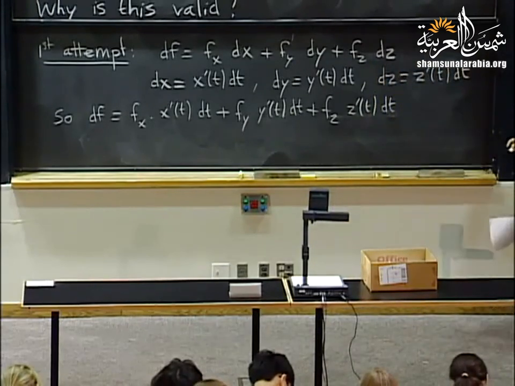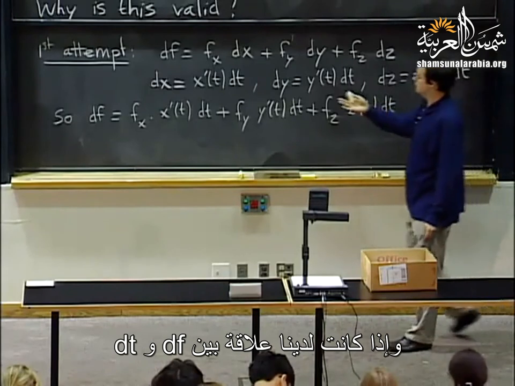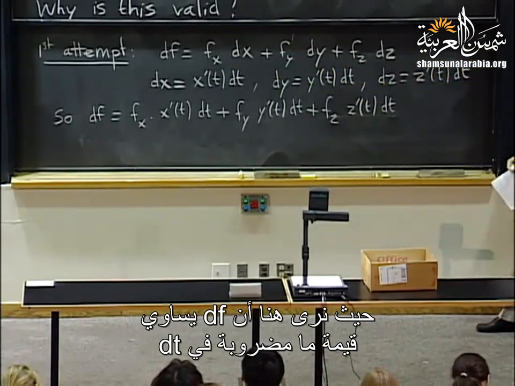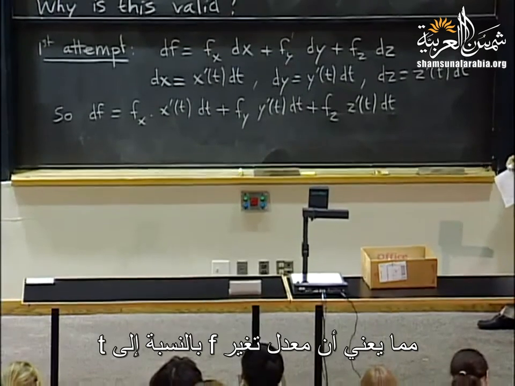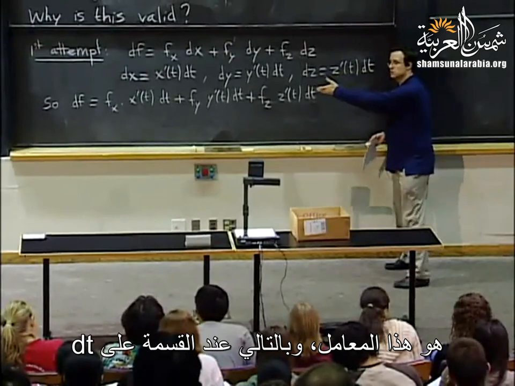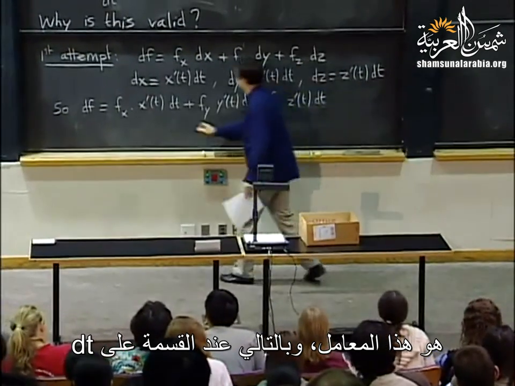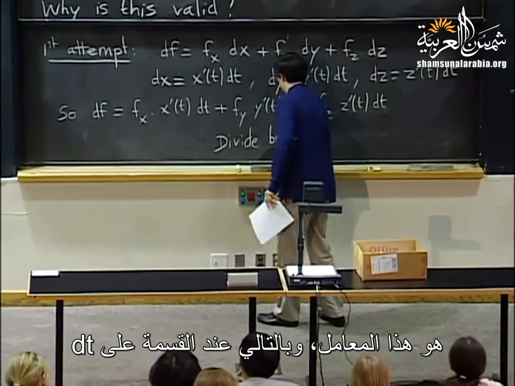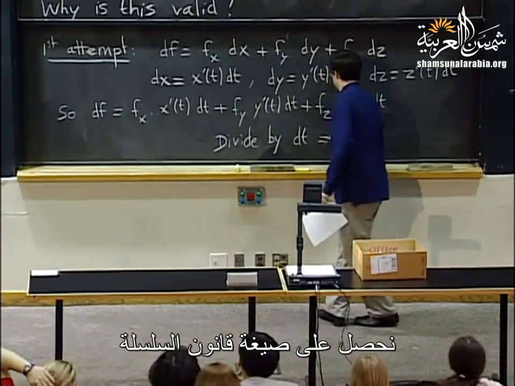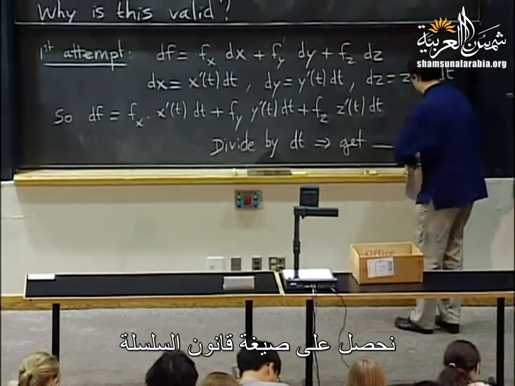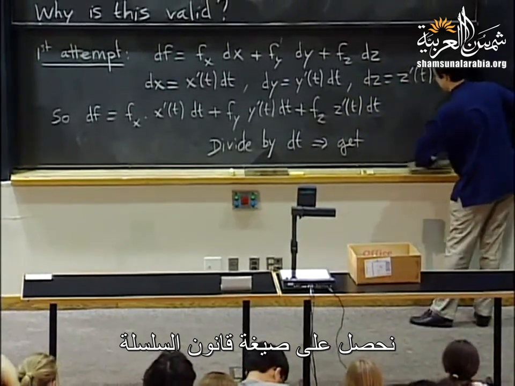And now, if I have a relation between df and dt, see, I got df equals something times dt. That means the rate of change of f with respect to t should be that coefficient. So if I divide by dt, then I get the chain rule.